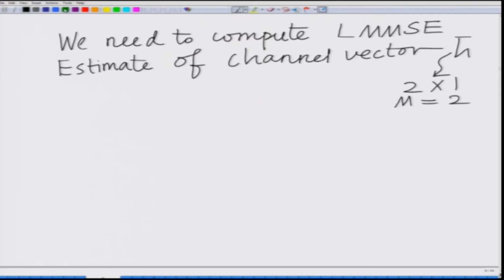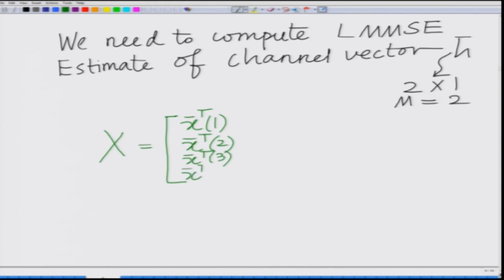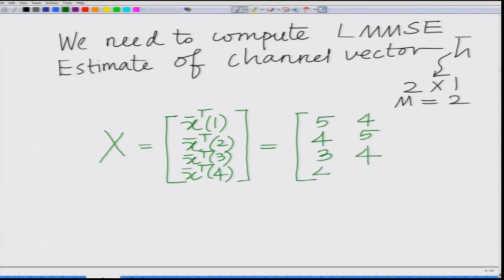Now, for this, first let us form the pilot matrix X, which is equal to x bar transpose of 1, x bar transpose of 2, x bar transpose of 3, x bar transpose of 4, where x bar 1, x bar 2, x bar 3, x bar 4 are the 4 pilot vectors. So, this will simply be 5 4, 4 5, 3 4, 4 3, and this is the pilot matrix.